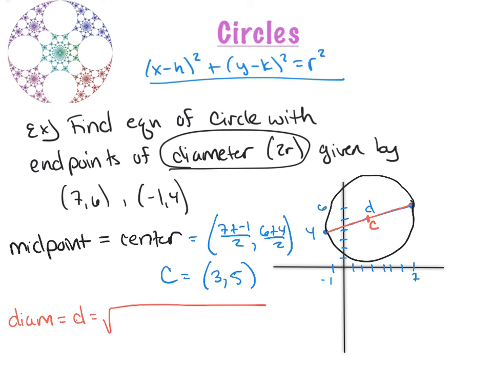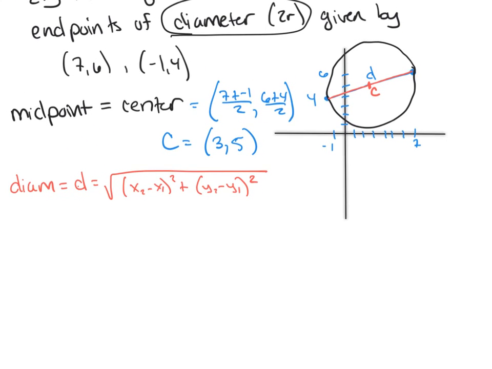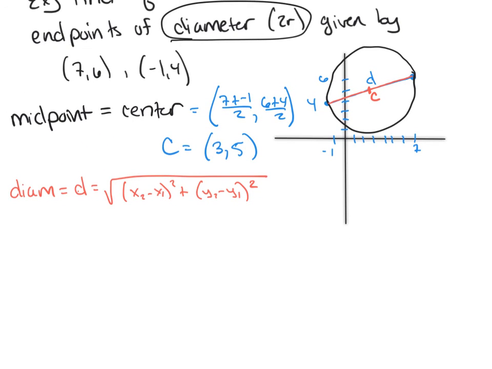So that's going to be the square root of (x2 minus x1) squared plus (y2 minus y1) squared. So for us, that's going to be the square root of, x1, y1, x2, y2, so negative 1 minus 7 squared plus 4 minus 6 squared.